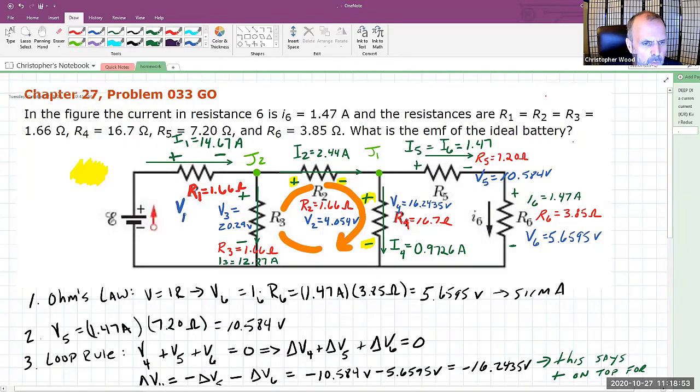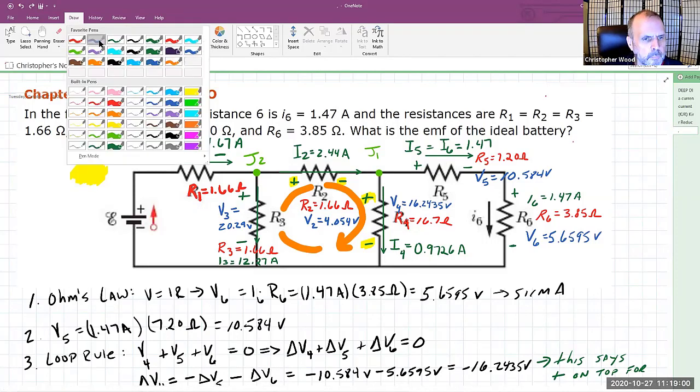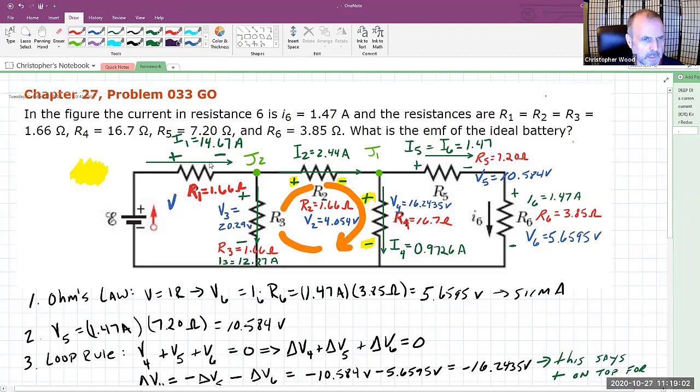So my voltage across resistor R1 is found using Ohm's law, V equals IR. So V equals 14.67, which is calculator memory location D, times R1, which is 1.66, or V1 equals 24.353 volts and some change. I'll store that in a memory location.